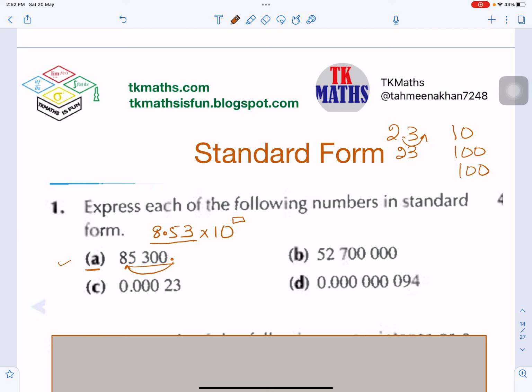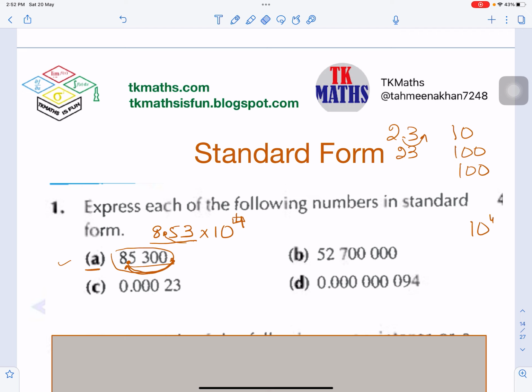So the decimal is here in this case and it has to jump 4 places to the right, right? So this will jump 4 places to the right, only then you will get 85,300 back. So you should write here what? 4. Because 10 power 4 means the decimal will jump 4 places to the right.